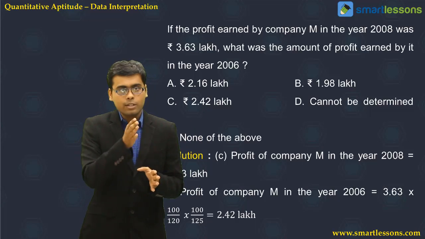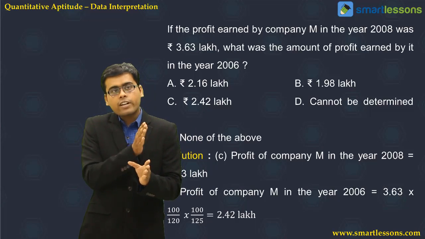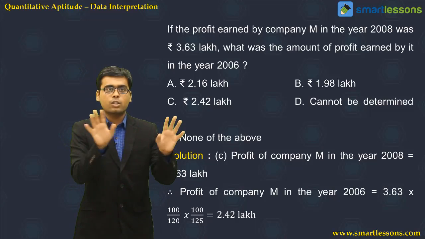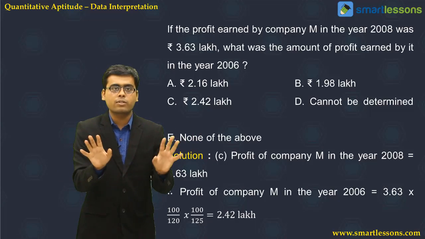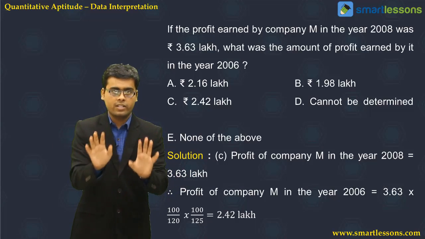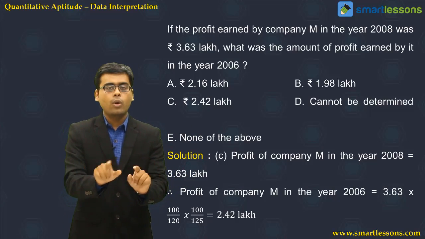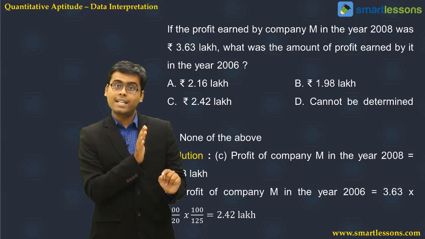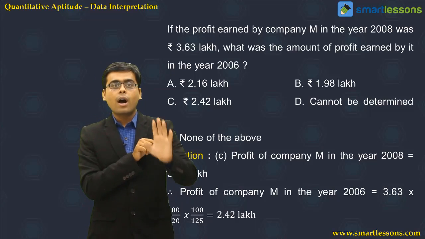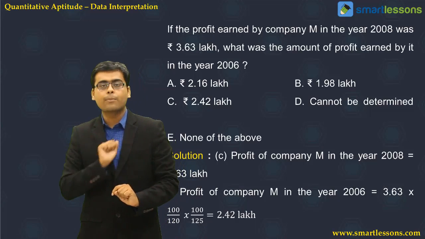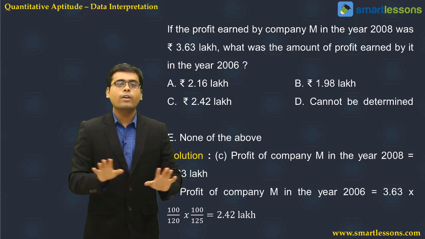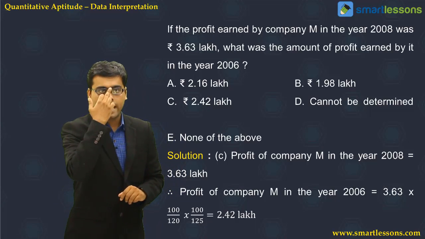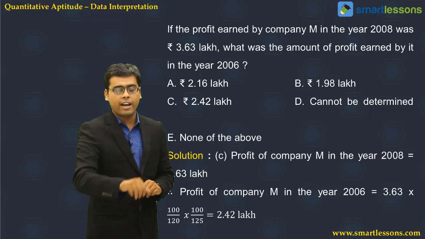So that means in 2006, the profit of this company must be 3.63 lakh, that is the total profit earned in the year 2008, into 100 by 120. You are coming to 2007, into 100 by 125. You come to 2006. So if you calculate that, you will get 2.42 lakh. So that means option C is the right option.